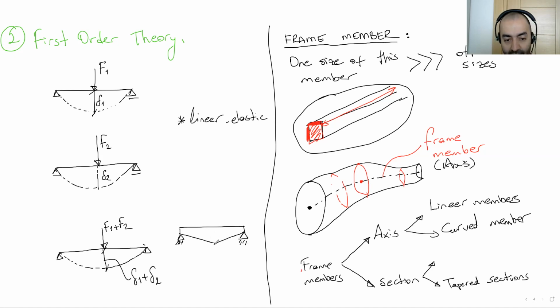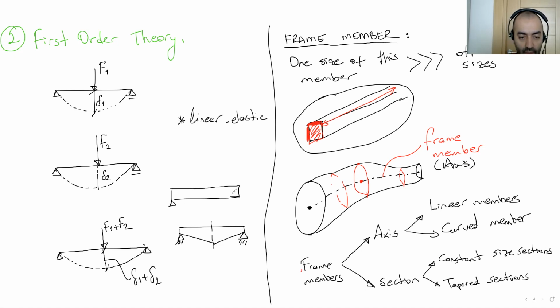It gets greater at the midpoint, as you can see here. We call this type of sections tapered sections. Okay, the section size changes. Or we have constant sized sections. So it's like this. There's no change on the section size.